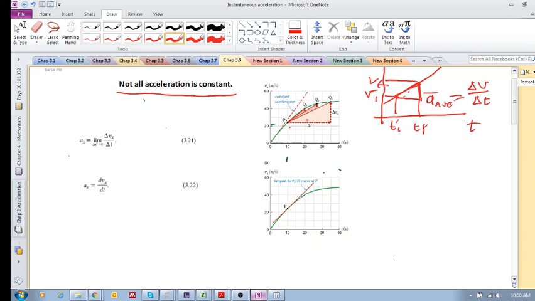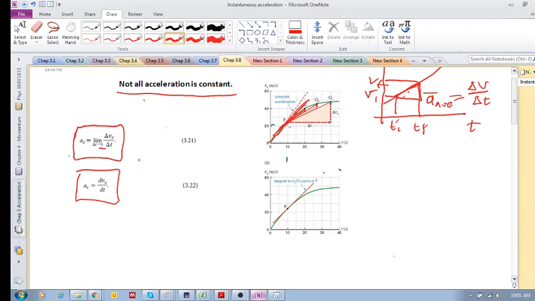And so this is essentially what we're doing here: we're saying, let's make delta t smaller and smaller, and let the delta t approach 0. And as you approach 0, in the limit, you obtain an instantaneous acceleration, which is essentially the tangent at that point. And this is what we have here.